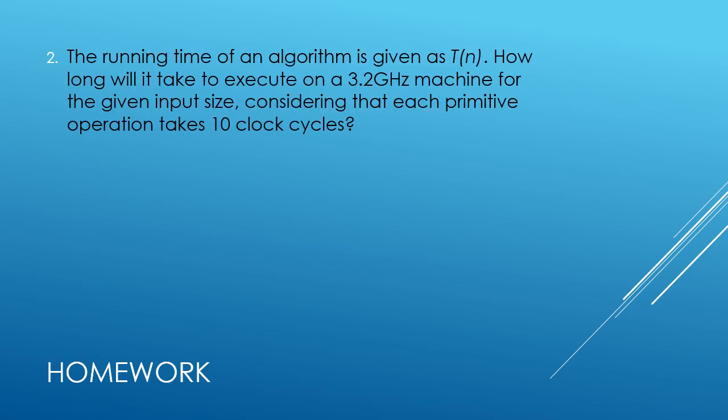The second question is, the running time of an algorithm is given as T(n). How long will it take to execute on a 32 GHz machine for the given input size, considering that each primitive operation takes 10 clock cycles?